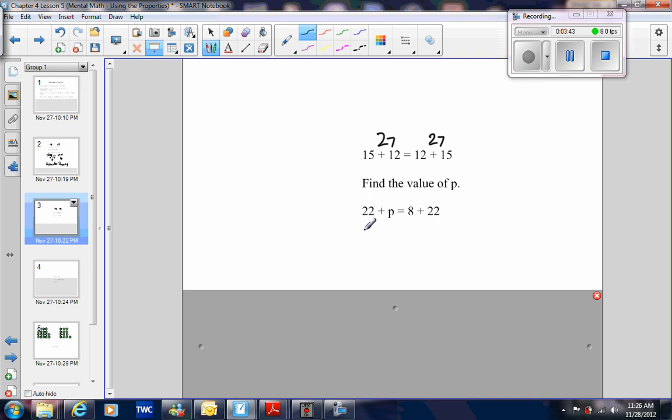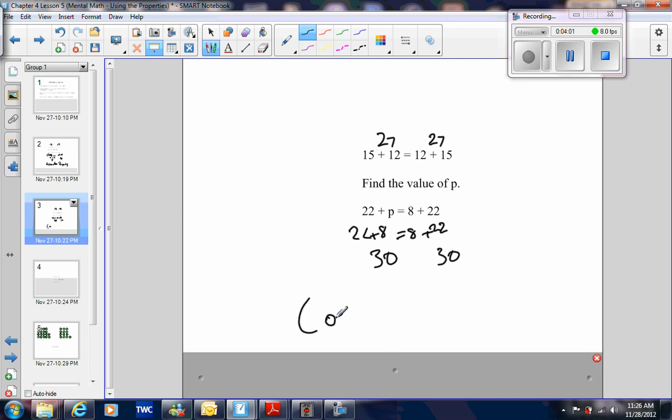So 22 plus 8 is equal to 8 plus 22. Both sides are 30. And this is an example of the commutative property.